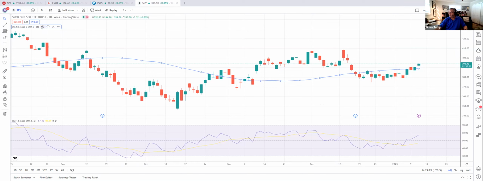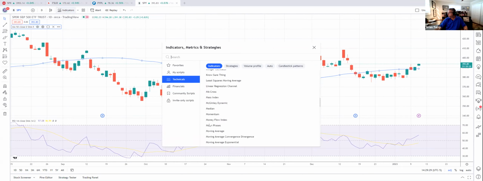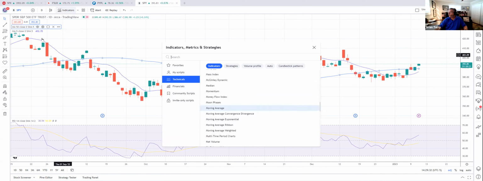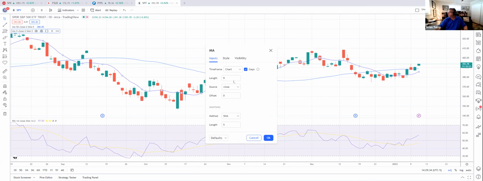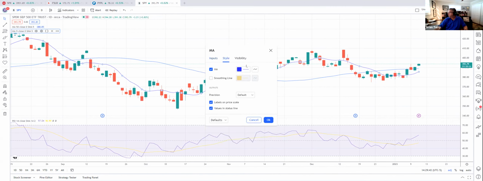So one of the other measurements that you could use is using two moving averages. So you just program it to a different, let's just do a 9. And we'll differentiate it just so we can tell them apart.